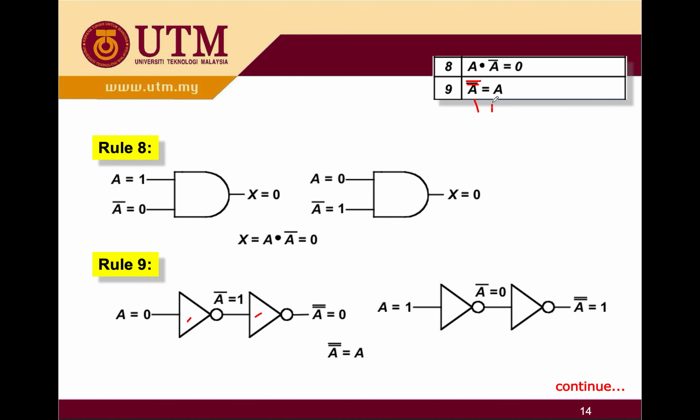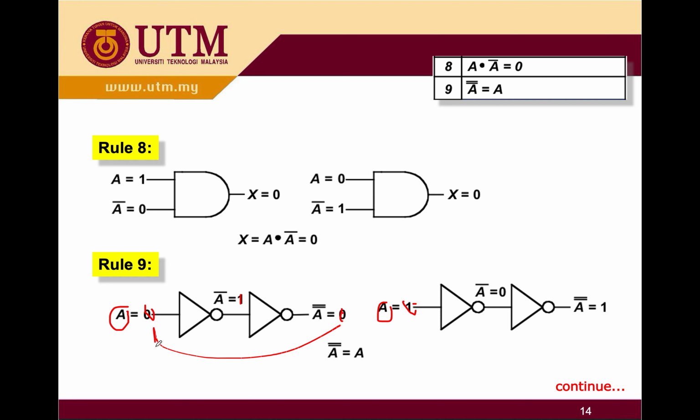Because you have only 1 input, and then you will have two possibilities, A as 0 or A as 1. So you do the bar first, it will become 1, and then you have another bar, you will turn it back to 0.